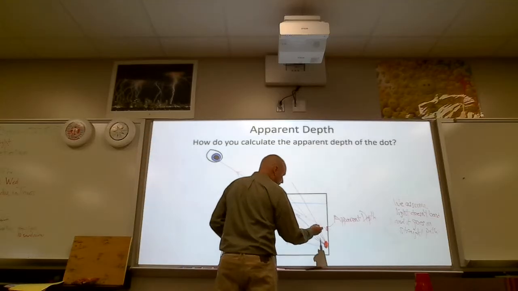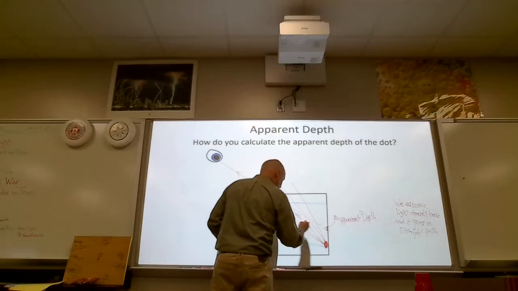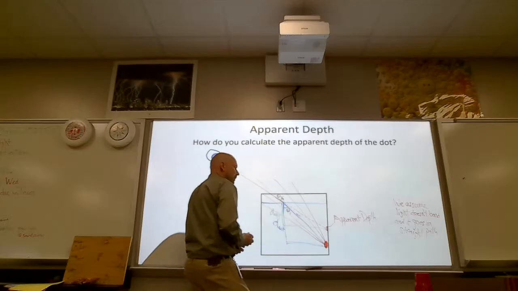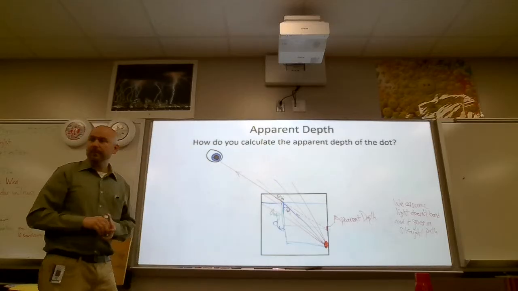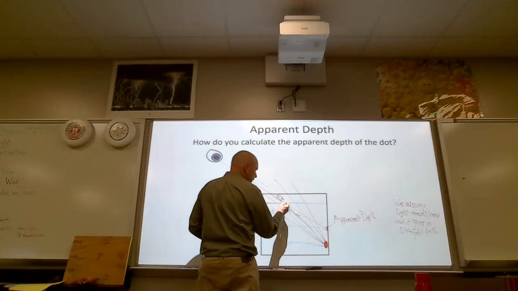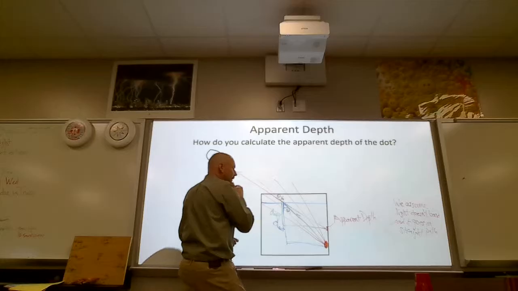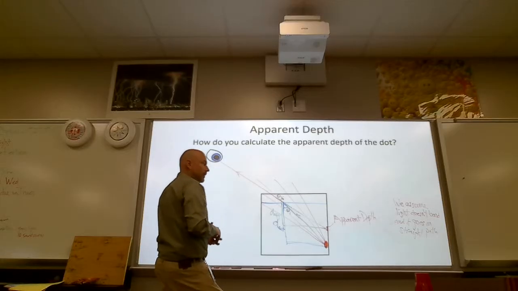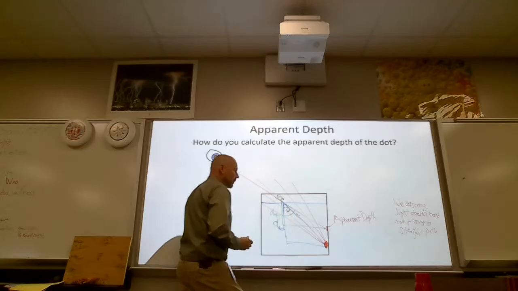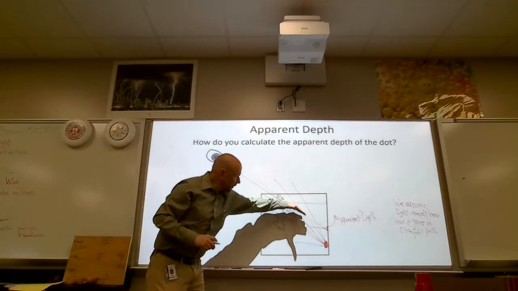Your apparent depth is this. That's your apparent depth. That makes sense? And we're going to use this triangle to figure that out. Using some trig, theta 2 and this angle are congruent, because this one we're going straight on through.